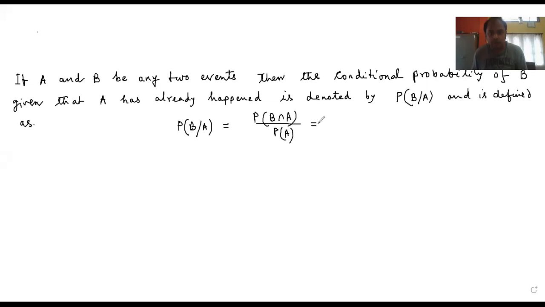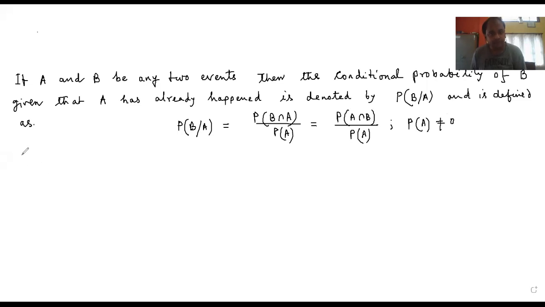But you know that probability of B intersection A is the same as A intersection B. So probability of B given A can also be written as this, provided probability of A is not equal to 0.